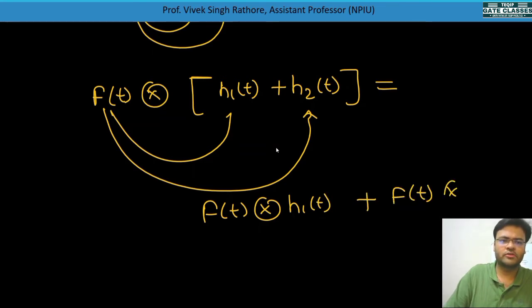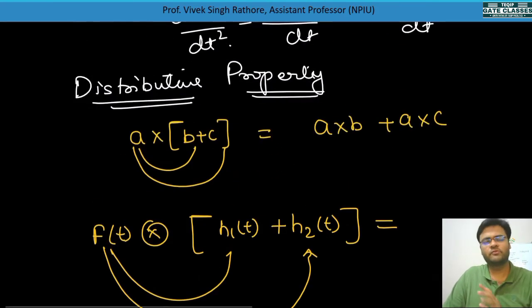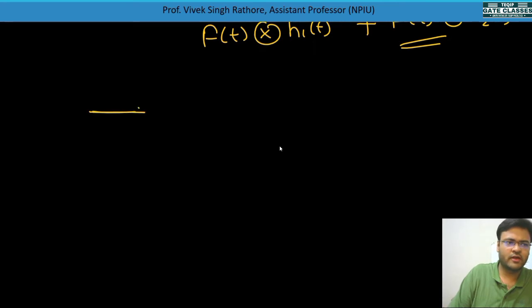This will be very much true. So our LTI system does follow the distributive property. It means that, let's suppose this is your f of t input. Okay, this has been given to both types of signal, so we'll take input as both.